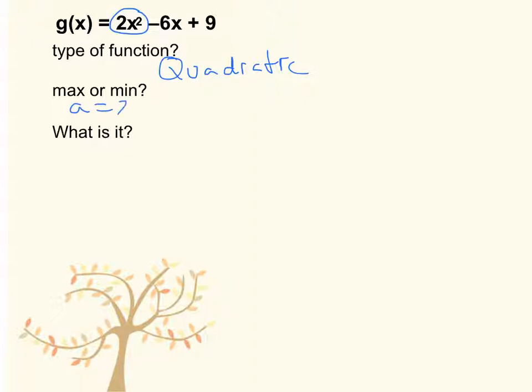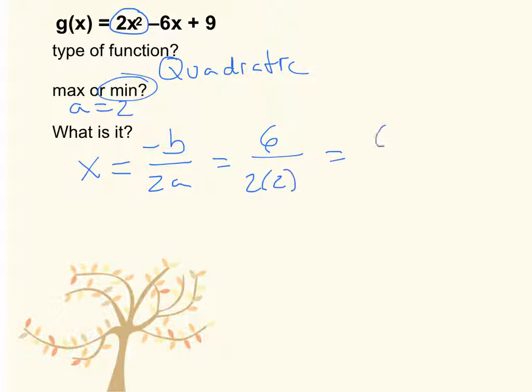A is 2, which is positive, meaning it opens up, and this is a minimum. The x coordinate for that minimum is going to be negative b over 2a. B is negative 6, so negative b is positive 6 over 2 times 2, which is 6 over 4, or 3 over 2.